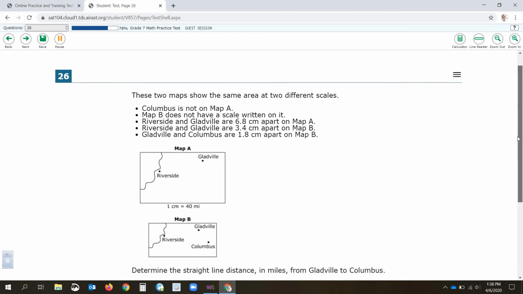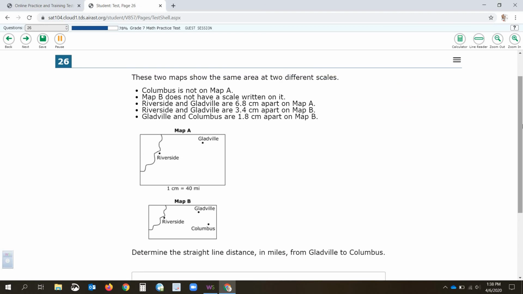All right, question number 26. Here we go. These two maps show the same area at two different scales. Columbus is not on map A. So you see map A, there's Columbus, there's no Columbus. Map B does not have a scale written on it.